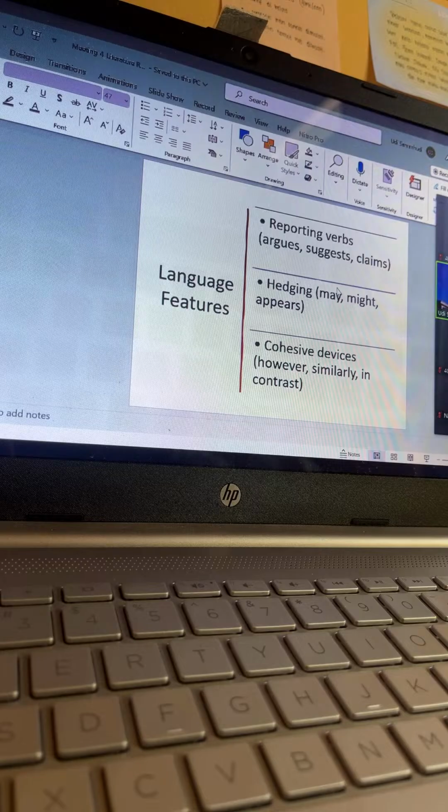Okay, for example, if you find the words may, might, appears, and so on, those are called hedges. All right, so hedges are used to indicate tentativeness. For example, rather than saying this means, you can also say this may mean that.